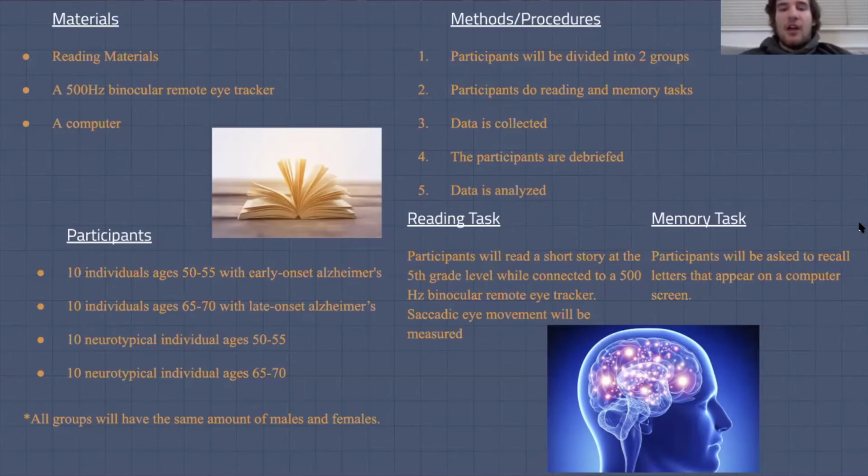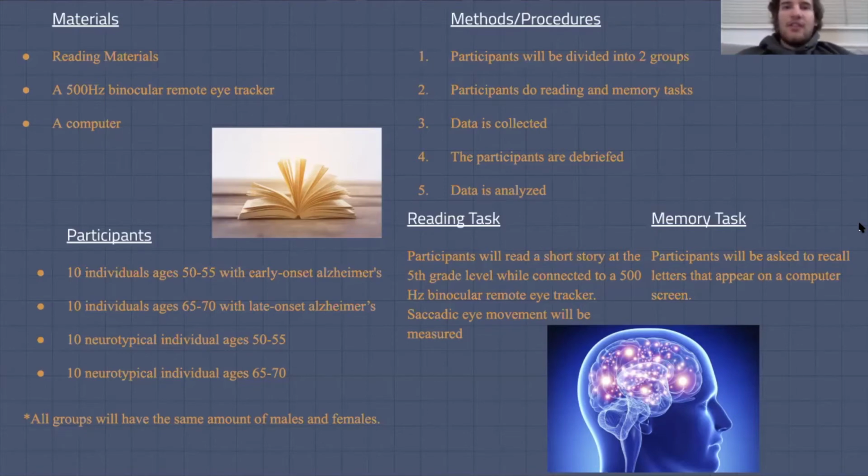It's also really important that when we get the sample, we have the same number of males and females. That will eliminate confounding variables that may be related to gender or sex, and so be very helpful in making the experiment more sound.